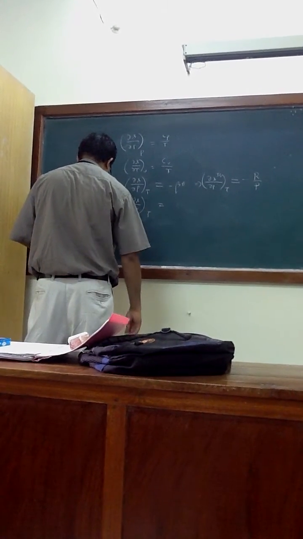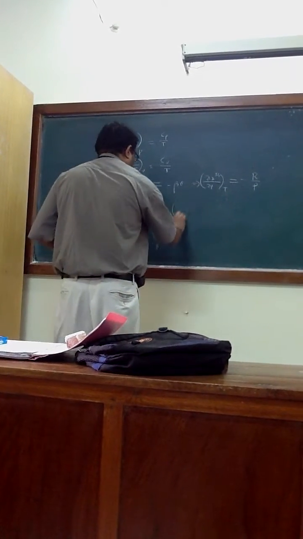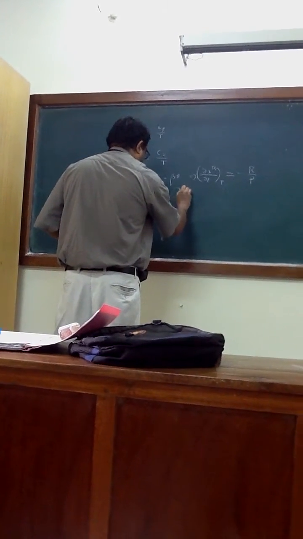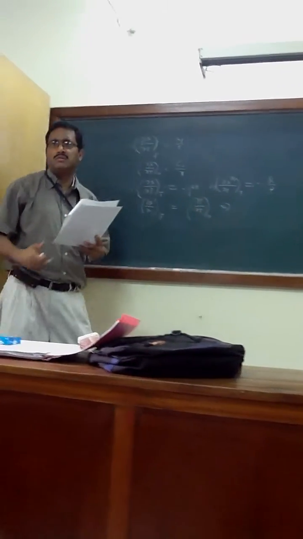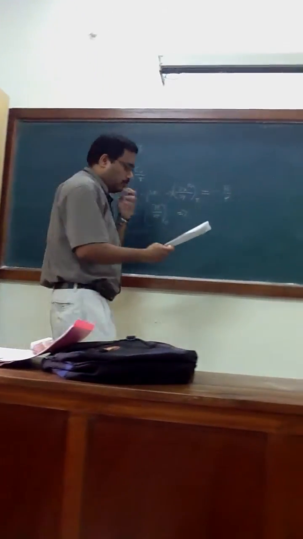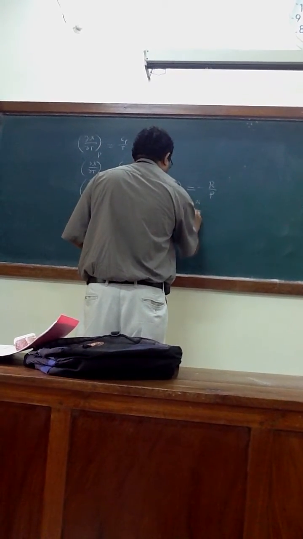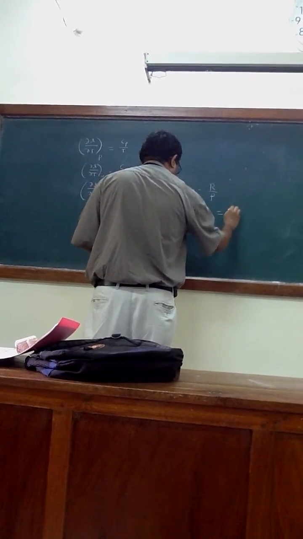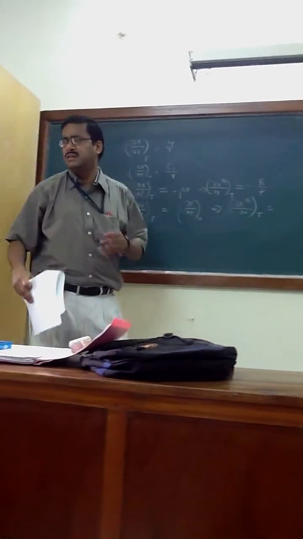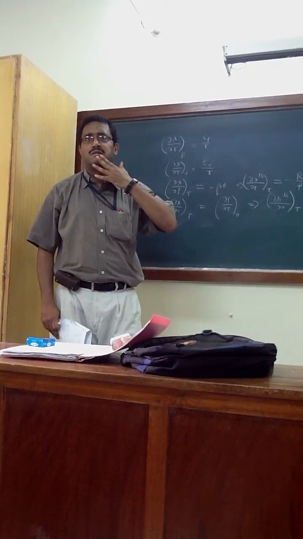Then dou S by dou V at T equals, and that comes from your Maxwell expression sheet, dou P by dou T at V. Am I correct? So dou S Ig by dou V at T, what is that? One hand please, only one hand.